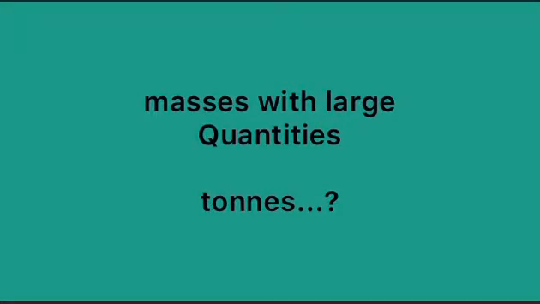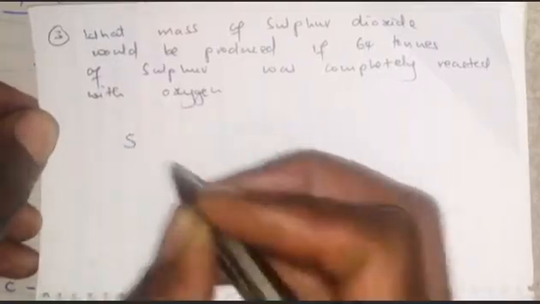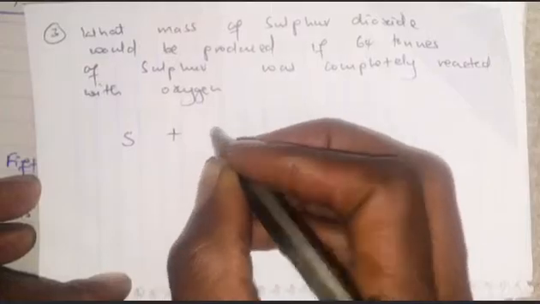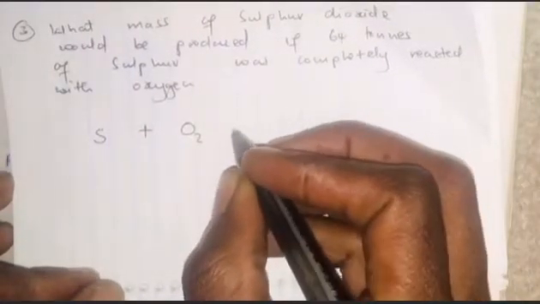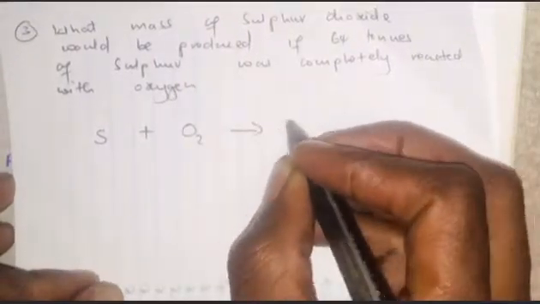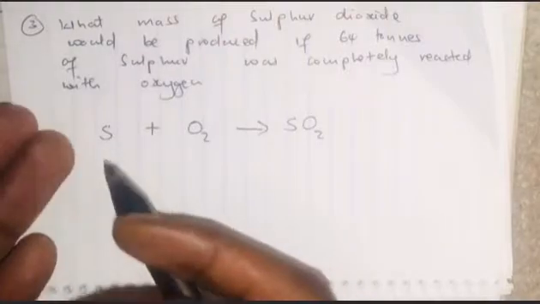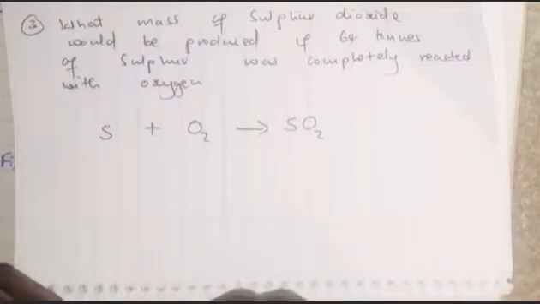So we've got sulfur reacting with oxygen here, making up sulfur dioxide. The reaction is balanced because I've got one atom of sulfur on each side, and 2 atoms of oxygen on each side.